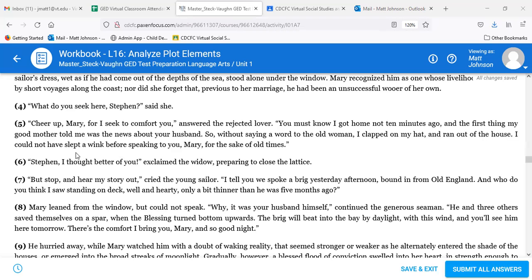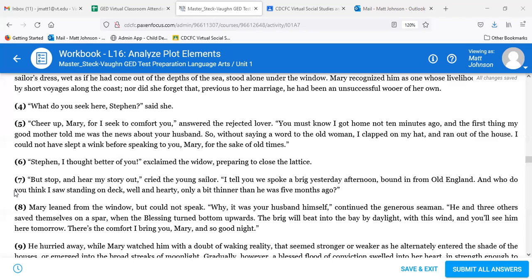And who do you think I saw standing on deck? Well and hearty. Only a bit thinner than he was 5 months ago.